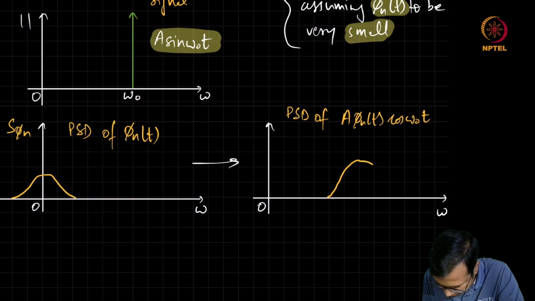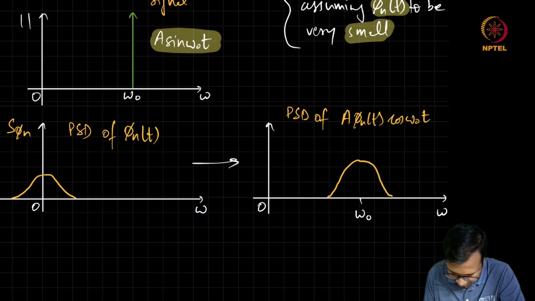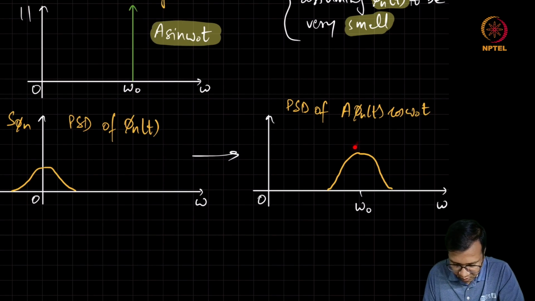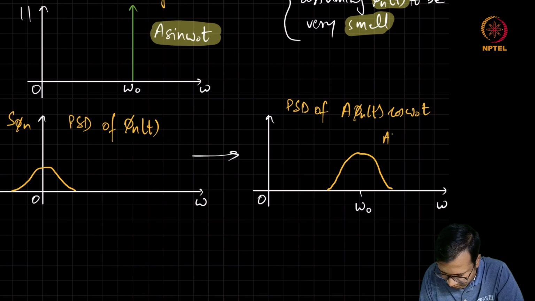Now it is going to look like this, and its strength is going to be that of S phi n, scaled by A squared by 2, multiplied by S phi n.